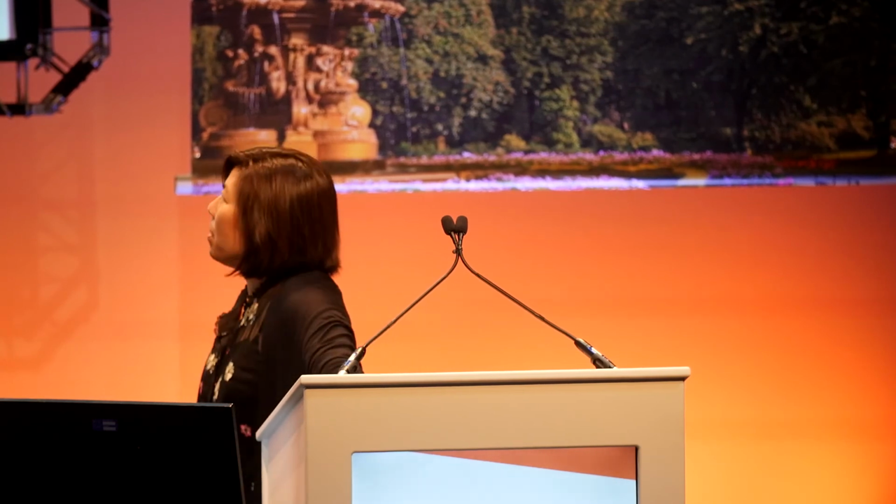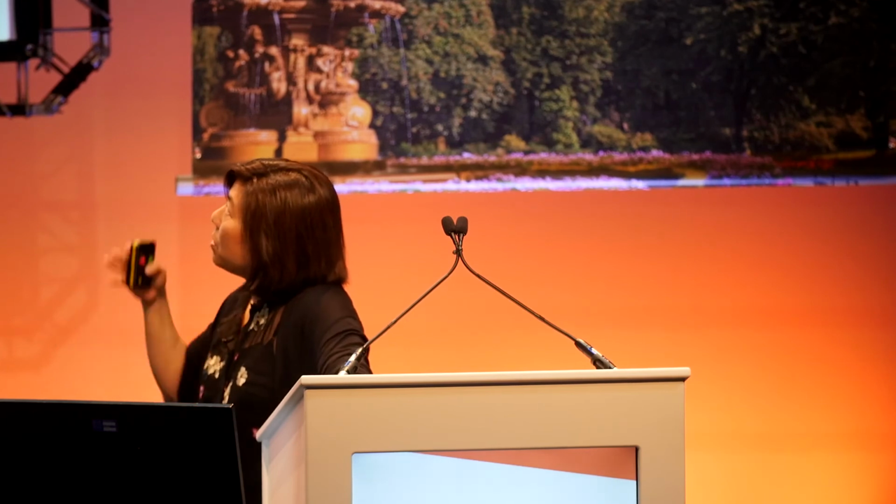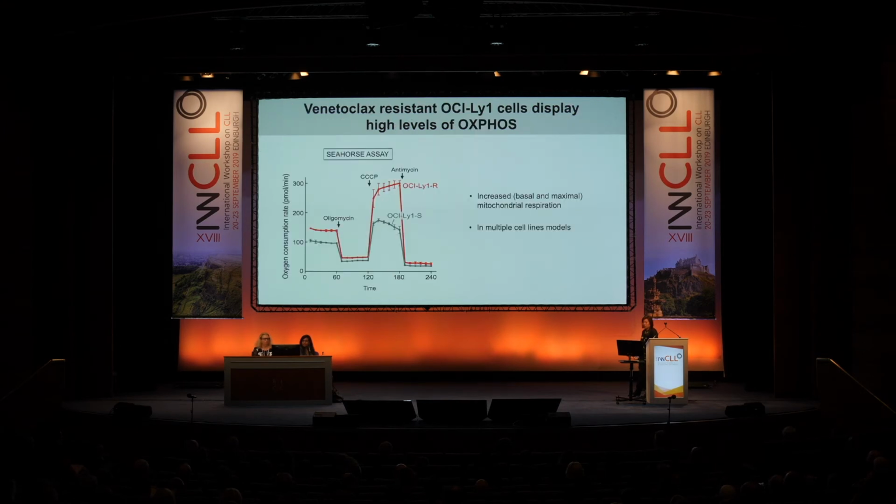When we think about OXPHOS, we know that it involves the inner membrane of the mitochondria. We know that there are specific inhibitors that can help us figure out the impact on the electron transport chain. Together with Wamsi Mutha and Alexis Jordan at the Broad Institute, we performed Seahorse assays on the OCI-LY1 cell line as well as multiple other resistant cell lines.